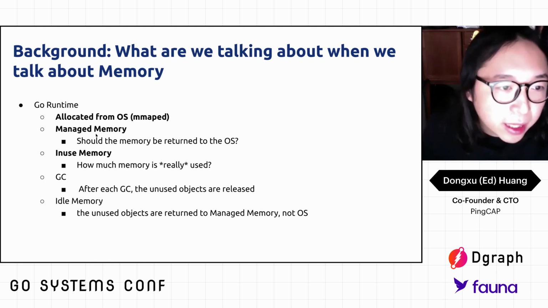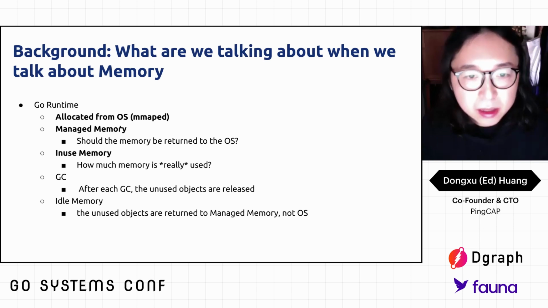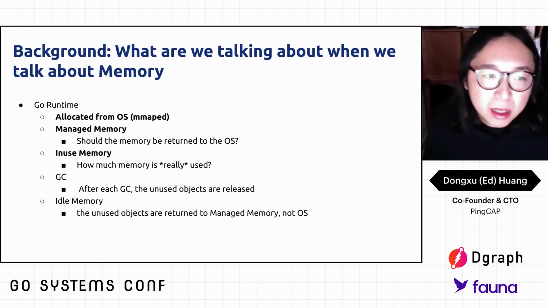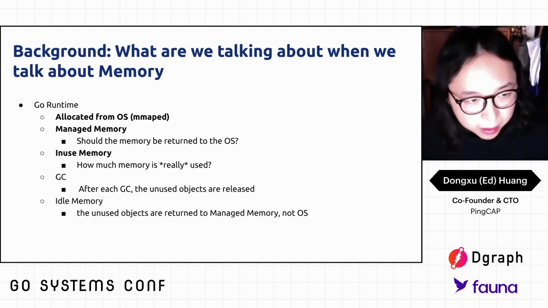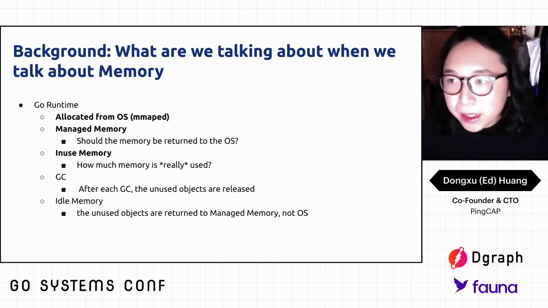And the second one is that Go has a GC module, so that means Go's runtime manages the memory by itself.